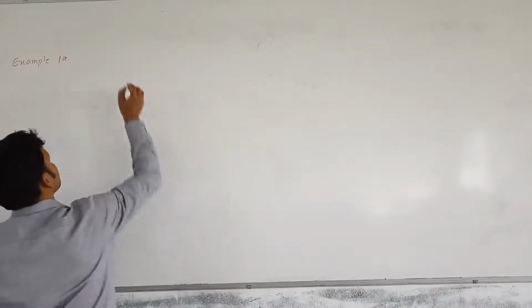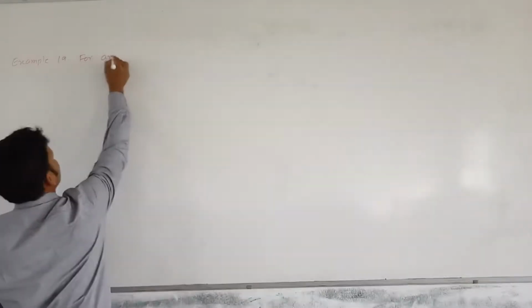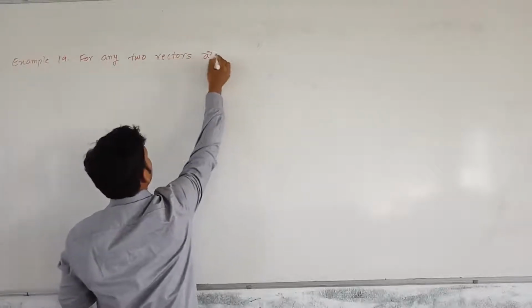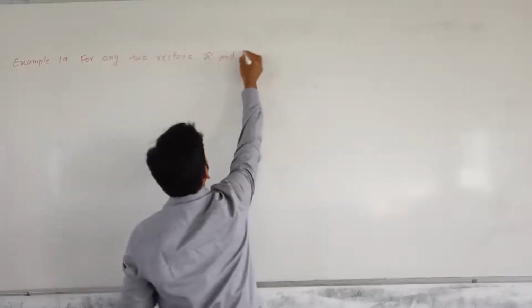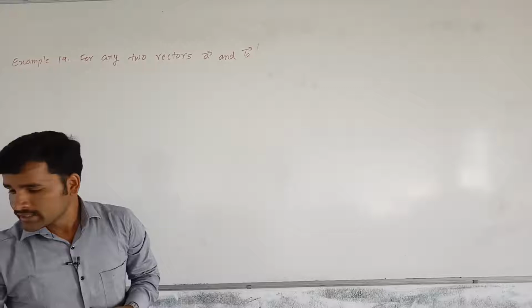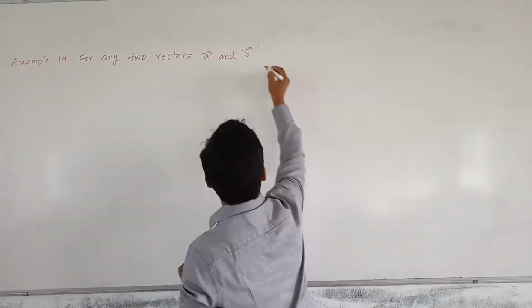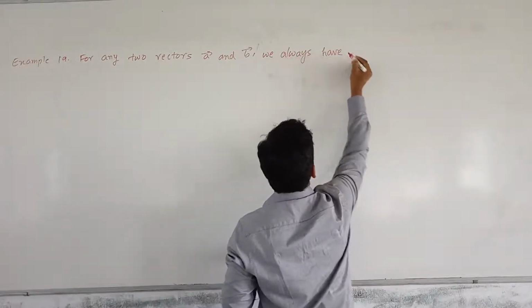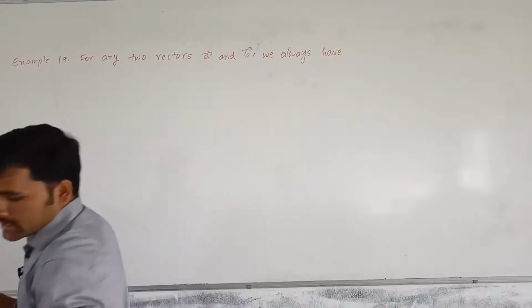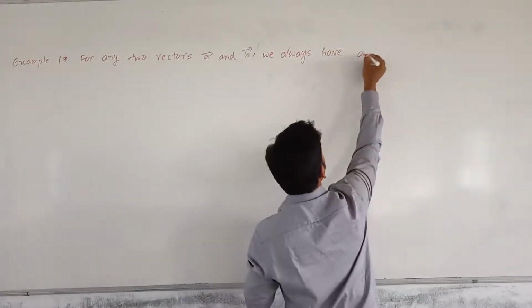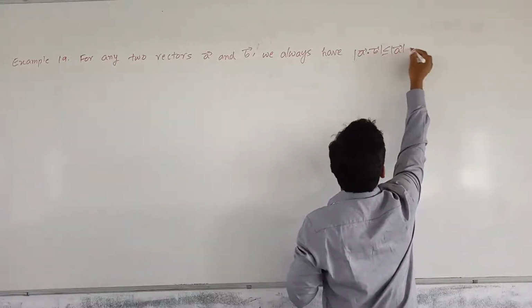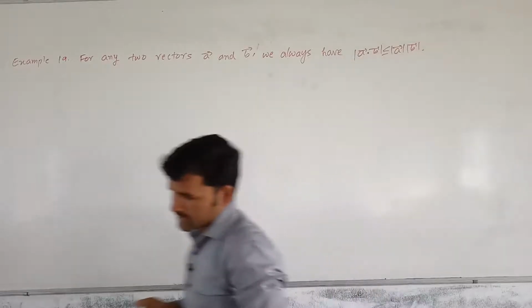For any two vectors, vector A and vector B, we always have modulus of A dot B is less than or equal to magnitude of vector A into magnitude of vector B. This is a theorem actually.